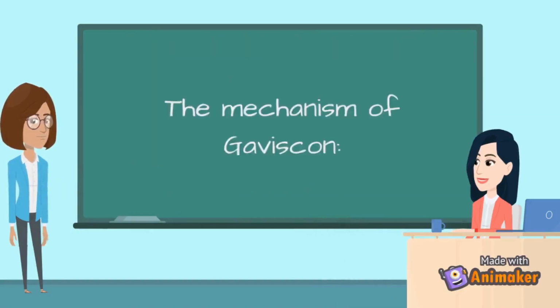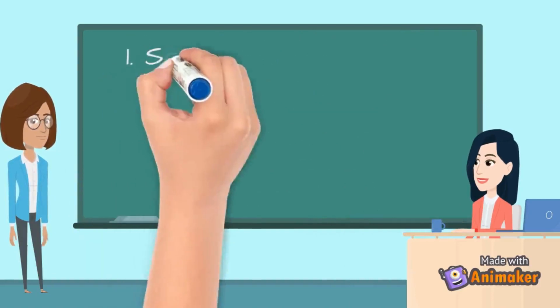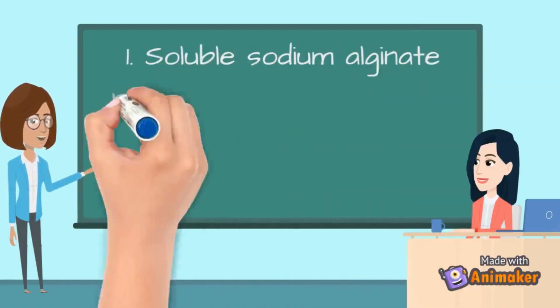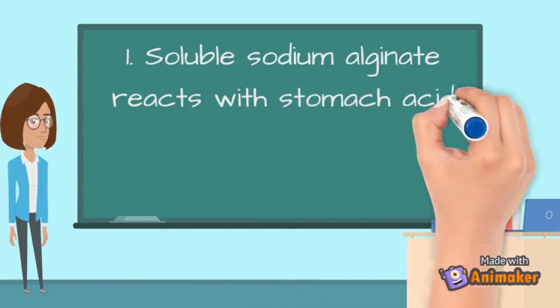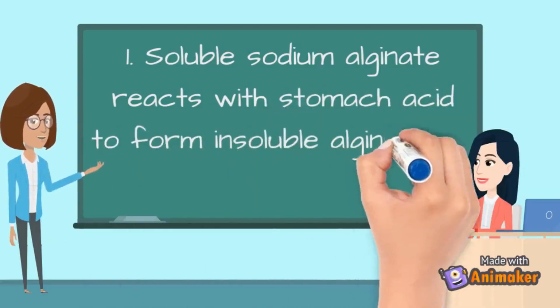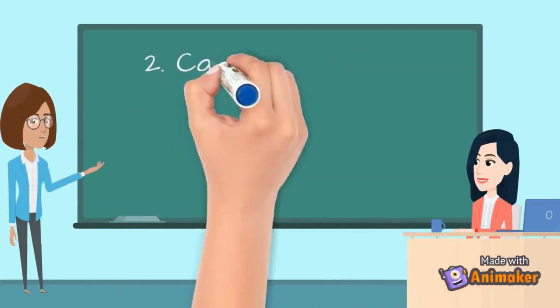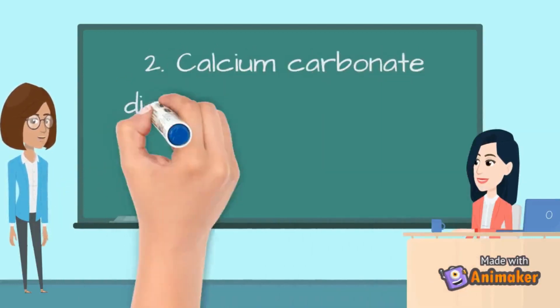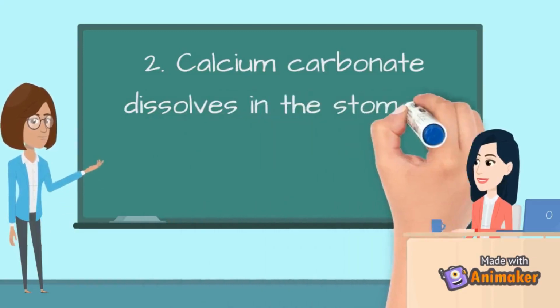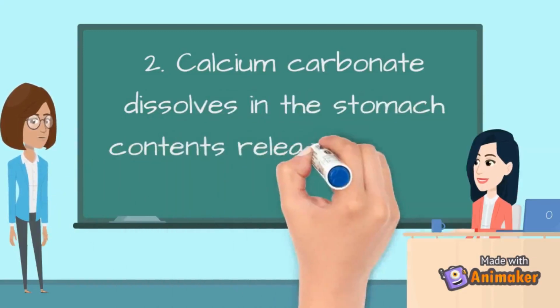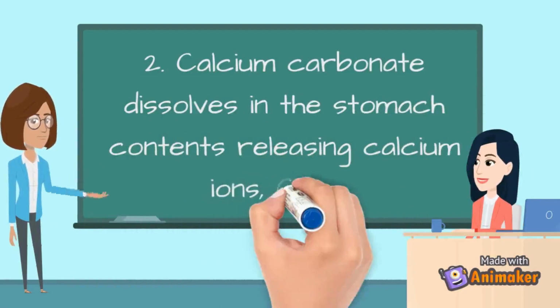Now, I will talk about the mechanism of Gaviscon. First, soluble sodium alginate reacts with stomach acid to form insoluble alginic acid, a linear polymer. Next, calcium carbonate dissolves in the stomach contents, releasing calcium ions Ca2+.